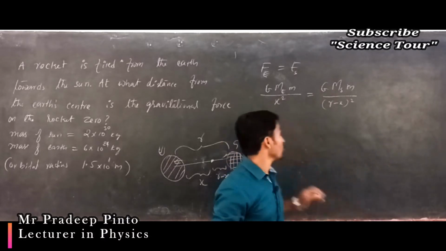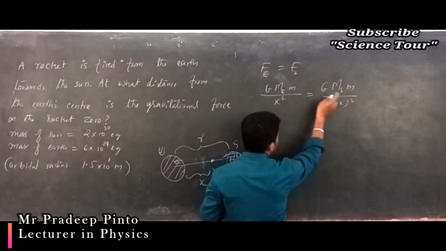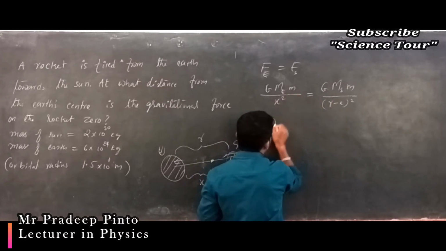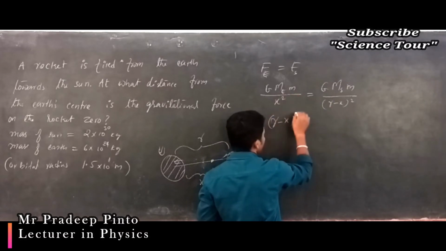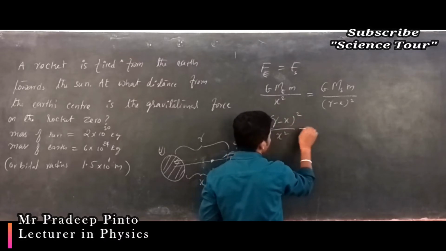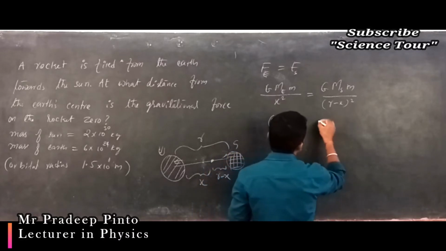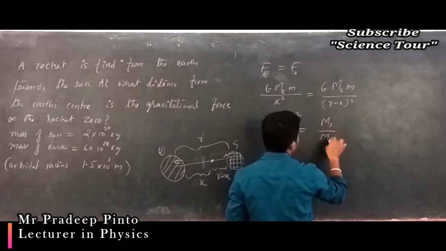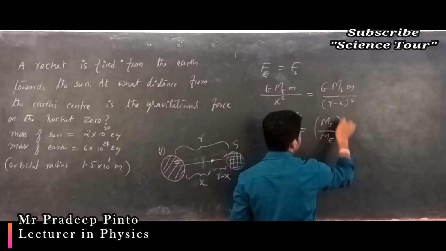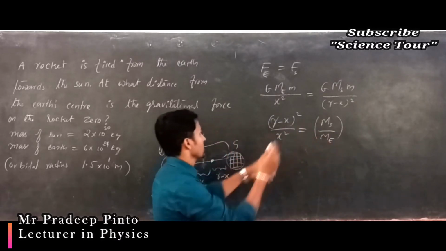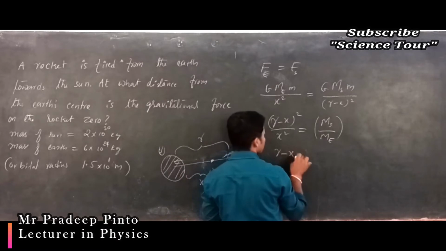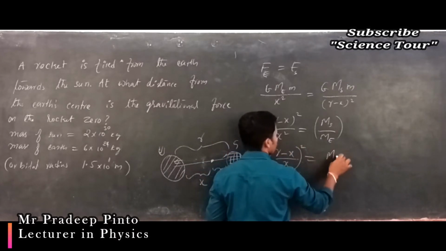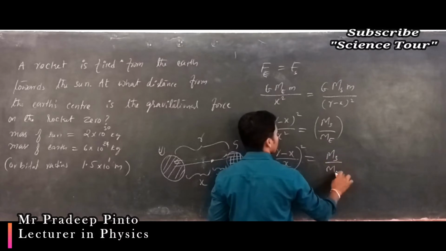Now interchange all the things. I am going to write r minus x whole square divided by x square is equal to, G cancels, mass of rocket cancels, Ms divided by Me. Now this is r minus x divided by x whole square, which is equal to Ms divided by Me.